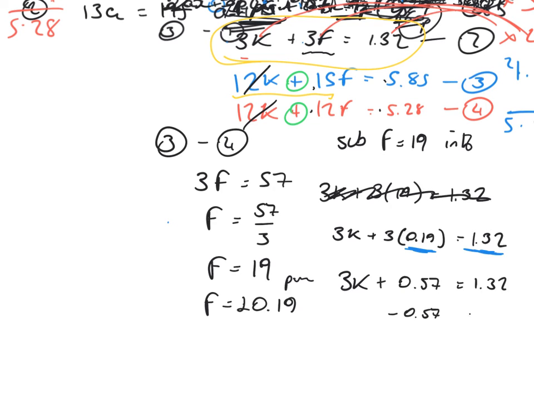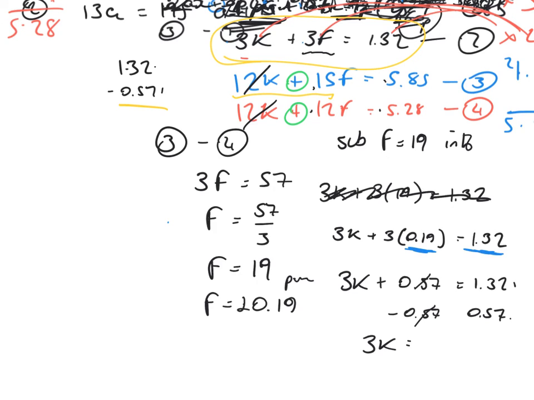It's then going to be 0.57 over both sides. And that will be 3k equals £1.32, take away 57 pence. Okay, so maybe the best way to approach this one is just to count up.